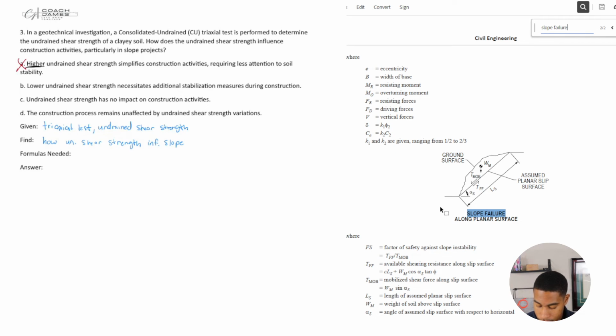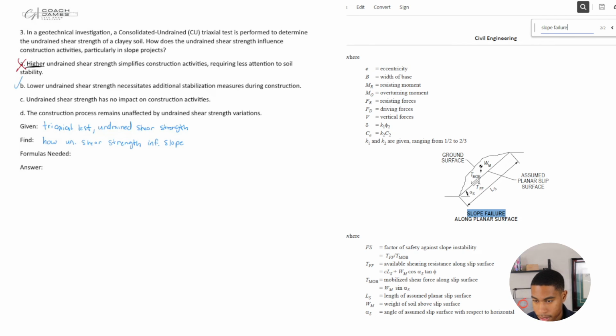Lower undrained shear strength necessitates additional stabilization measures during construction. So if we lower the amount of force coming down, is that going to provide additional stability to our construction? And it will. So that one's correct.